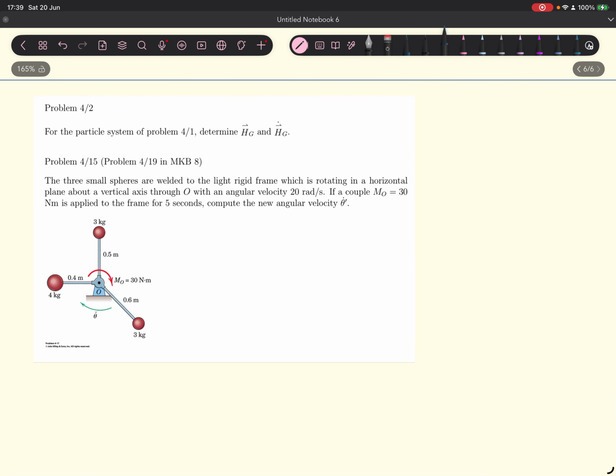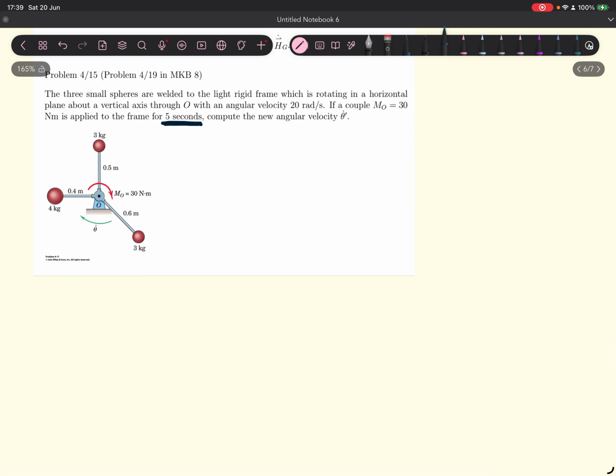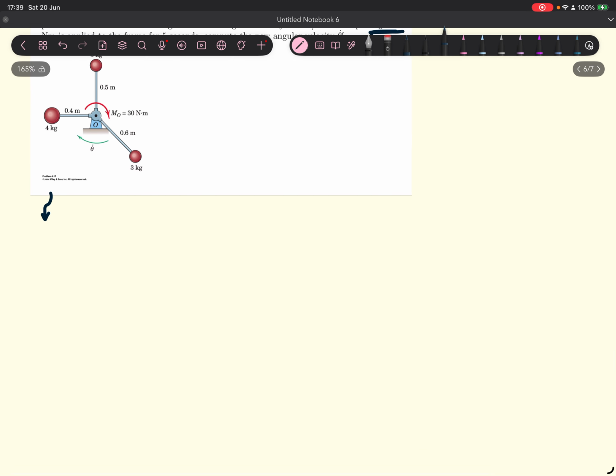So you can see that for this question we've been given a time of 5 seconds and we have a moment. Our angular velocity that we were calculating previously was just for a singular point in time. So just like linear momentum, we can write an integral for the momentum.